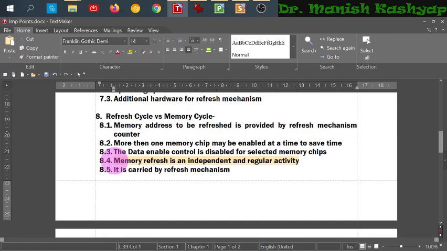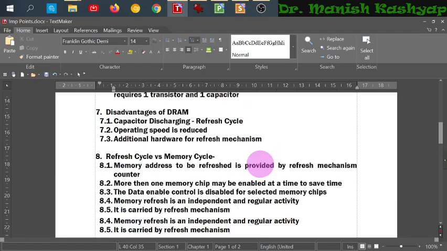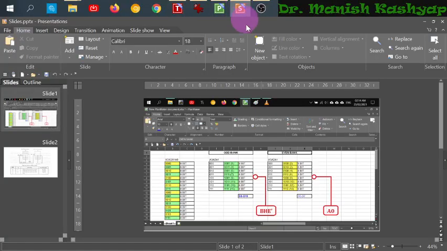That is the amount of activity needed to keep the memory active with all the correct values. That obviously consumes processor time, and it is carried out by the refresh mechanism. With these points in mind, let us now move on.